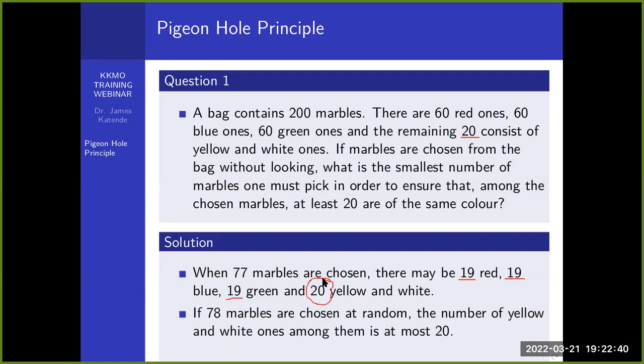You pick all the yellow and white because they can never get to 20, while the red, blue and green can. So you just pick all of them anyway, to make sure that you don't interfere with the others. Okay, so now if you pick 77, we're on the same page now.